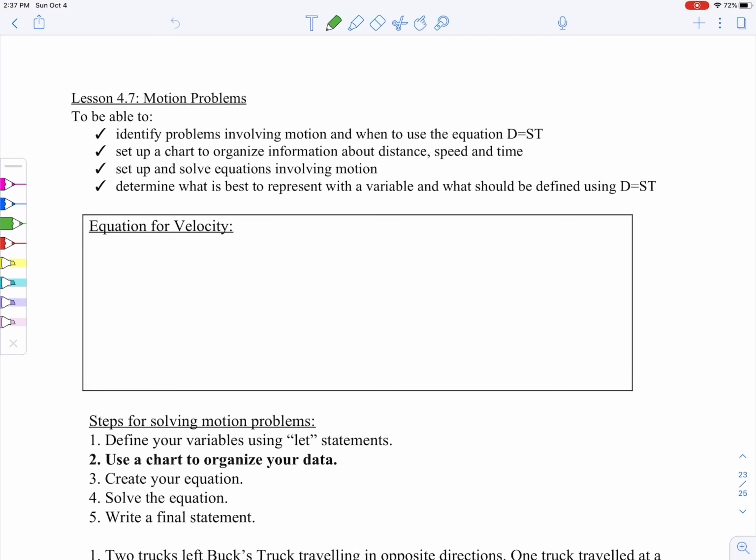So first thing, when we talk about velocity or speed, that's another way we might think about it. If you picture driving in a car and you see a speed limit on the side of the road, the speed limit on the highway, for example, might be 100 kilometers per hour.